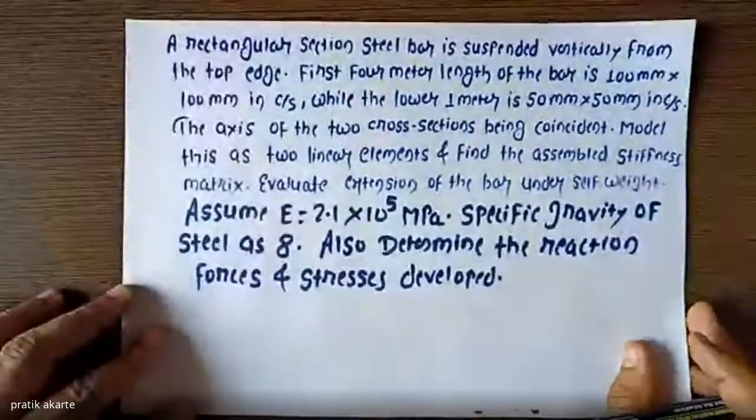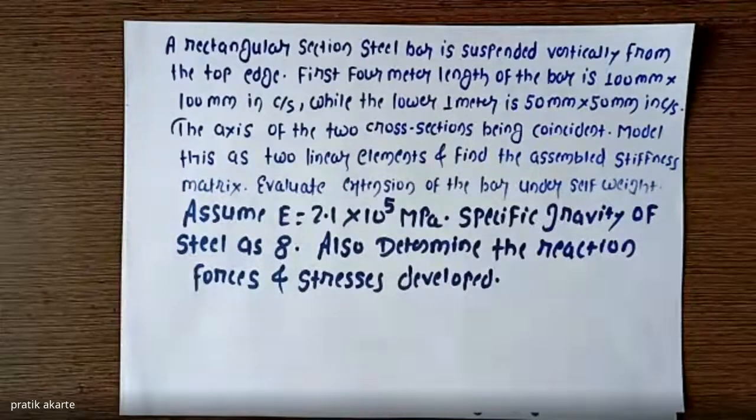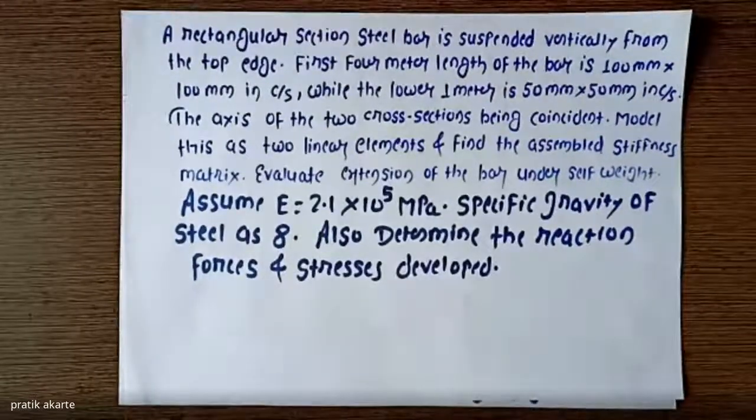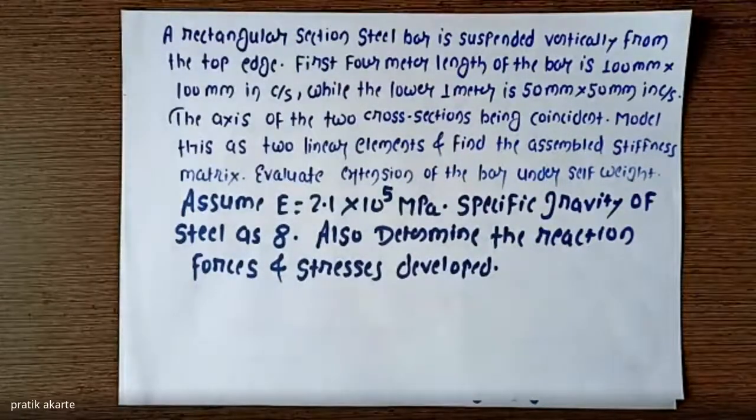Let us solve one more problem again with some changes. A rectangular section steel bar is suspended vertically from the top edge. It is not horizontal, it is now vertical.